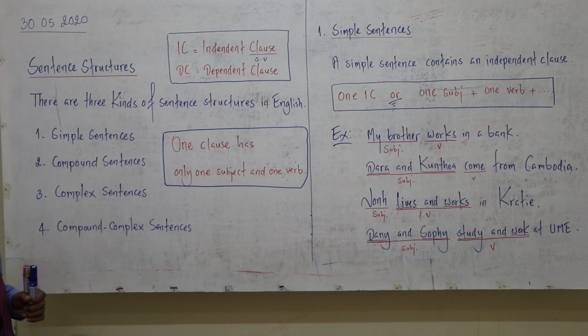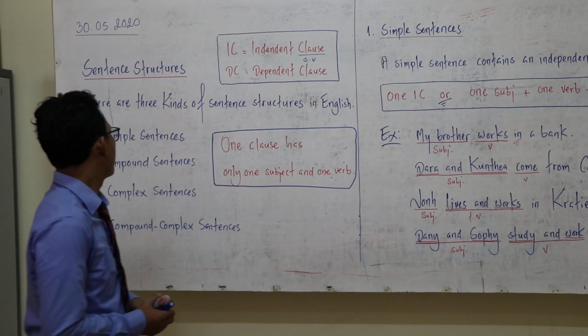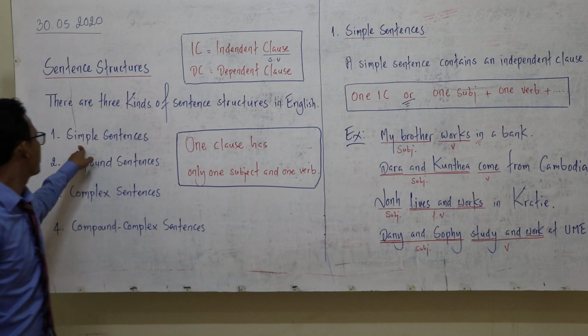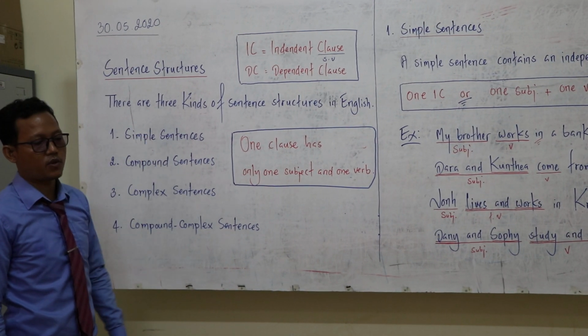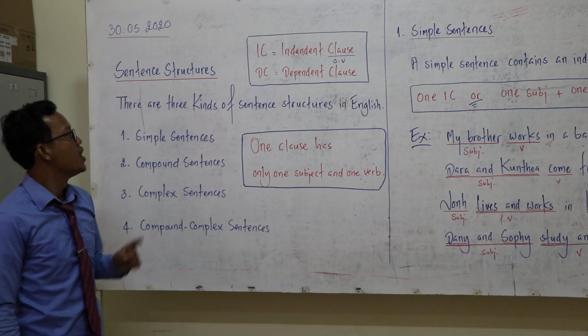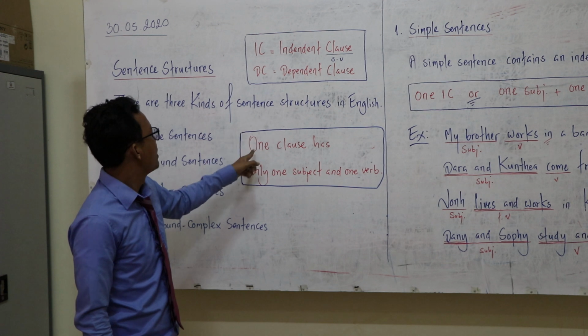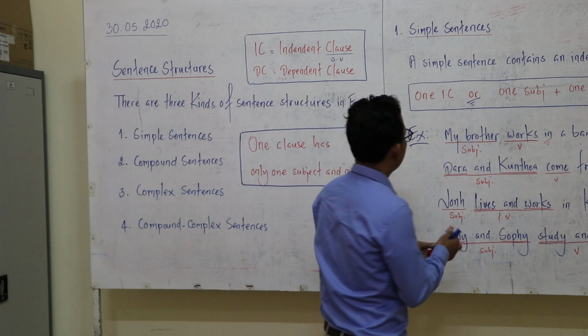Not 2, just only one. No DC in this sentence. Just only one IC. Not 2, not 3. Only one, remember. So only one IC we call simple.